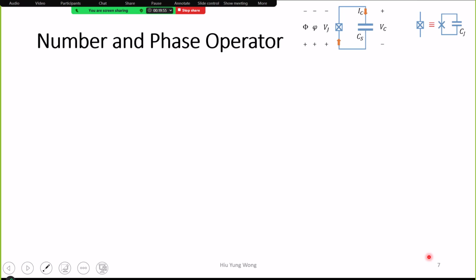Number and phase are also a conjugate pair, as what you just said, right? So what is the number operator? First of all, the number operator is lowercase n hat. So this is very important. It is not capital N hat, which is the Fock state.